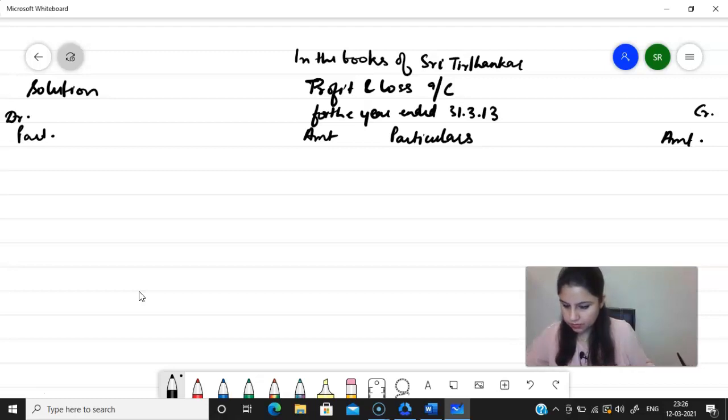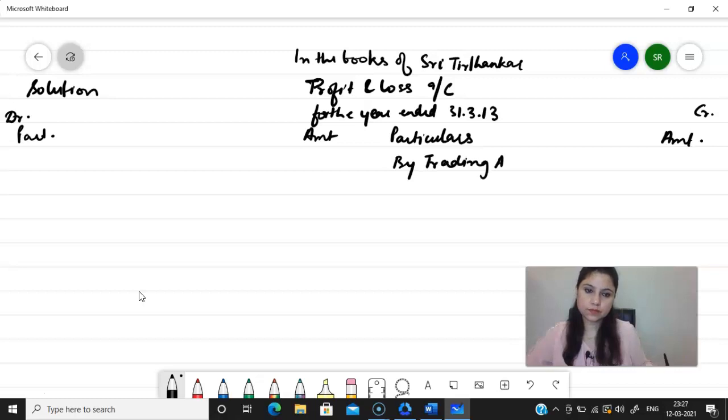Looking at the very first item that has been given to us, we have the gross profit, so we will be transferring the gross profit first to the credit side. By trading account, gross profit amounting to 1 lakh.